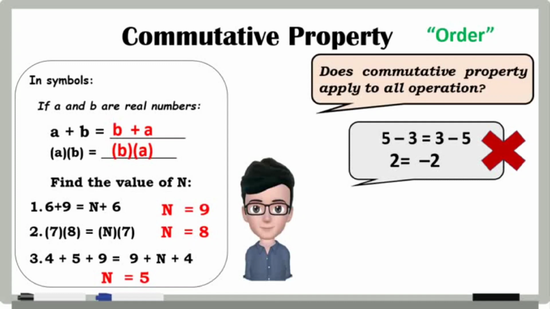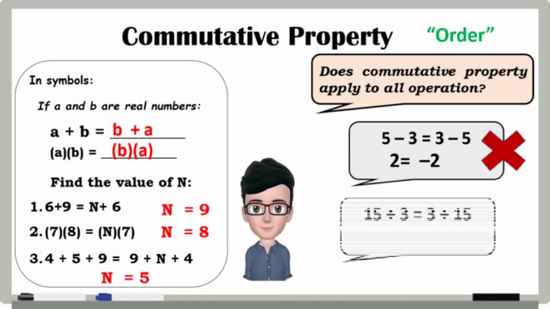Therefore, it is not applicable to subtraction. What about in division? Do you think it is applicable to division? No, sir. Because 15 divided by 3 is equal to 5, and 3 divided by 15 is equal to 1/5. Okay, that is absolutely correct.